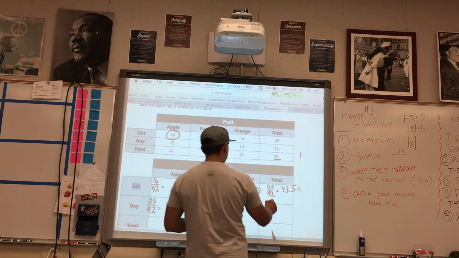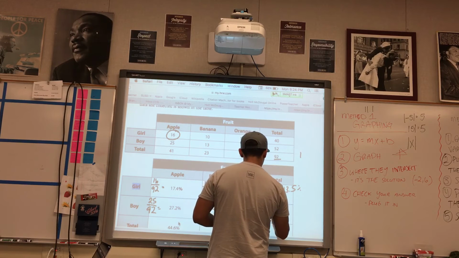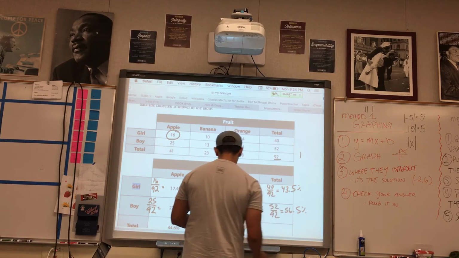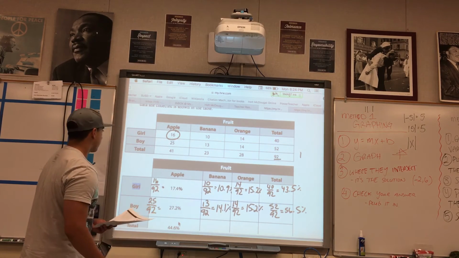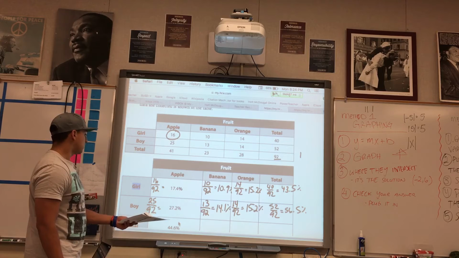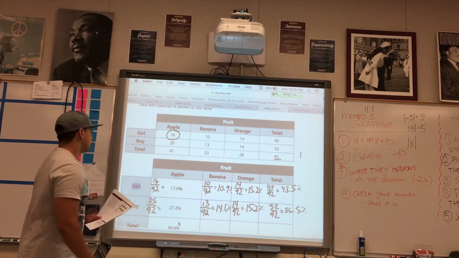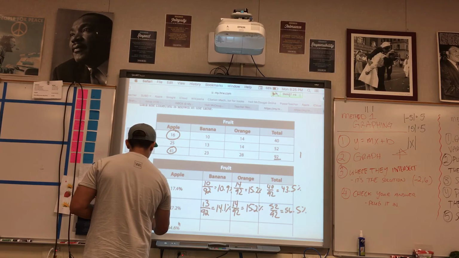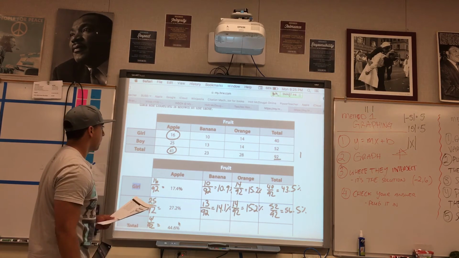And the total number of boys is 52 divided by 92, which equals 56.5%. Okay, now the total number of people who selected apple is 41 divided by 92, which equals 44.6%.